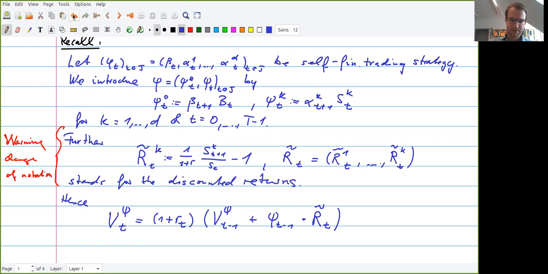So this is the formula we have already defined. The calculation is perfectly fine, but I wanted to change the notation from R to R tilde.